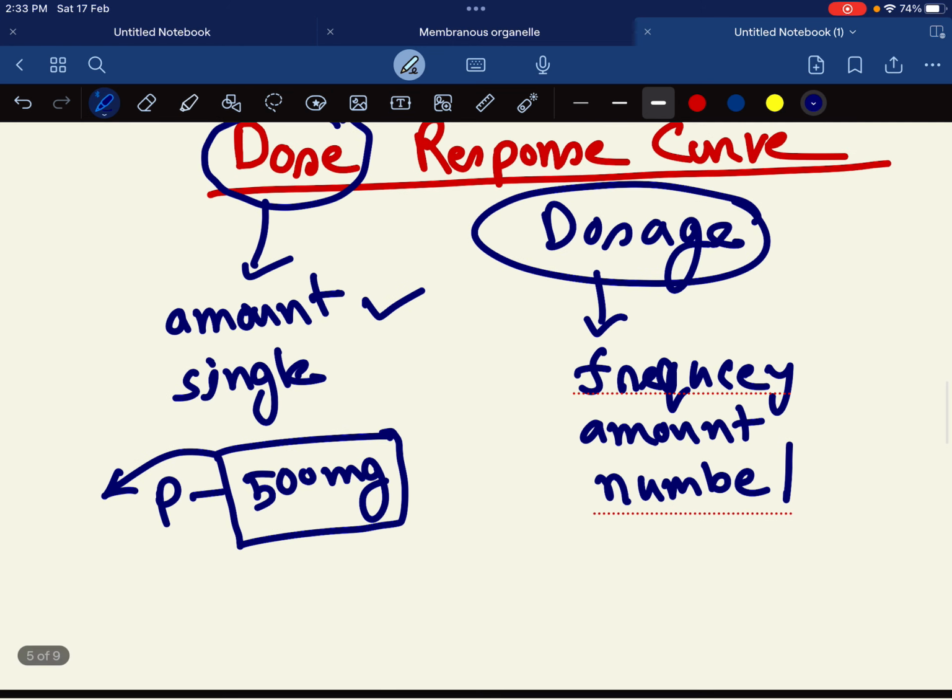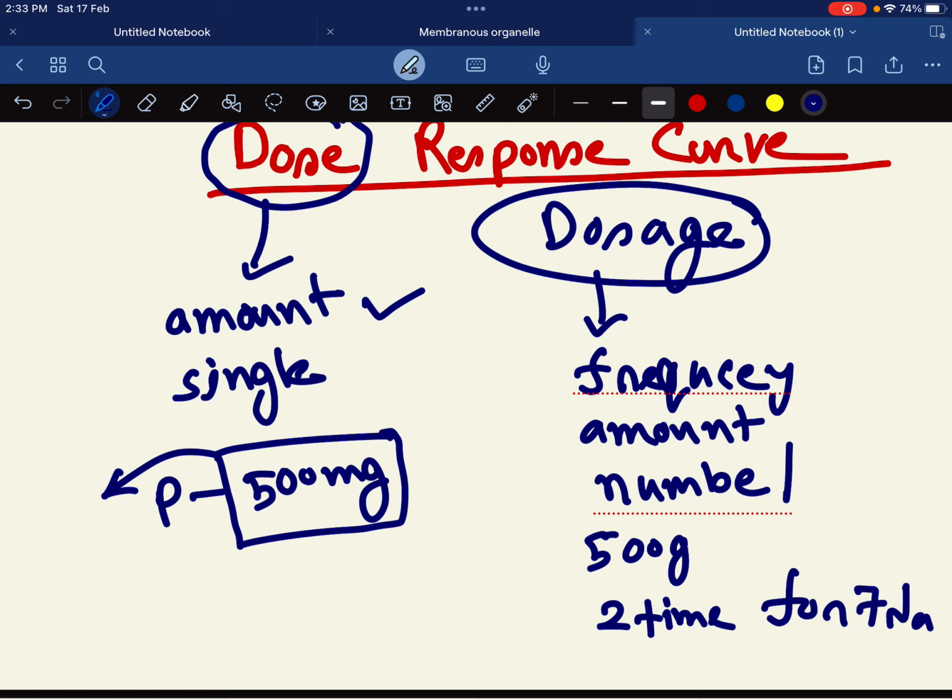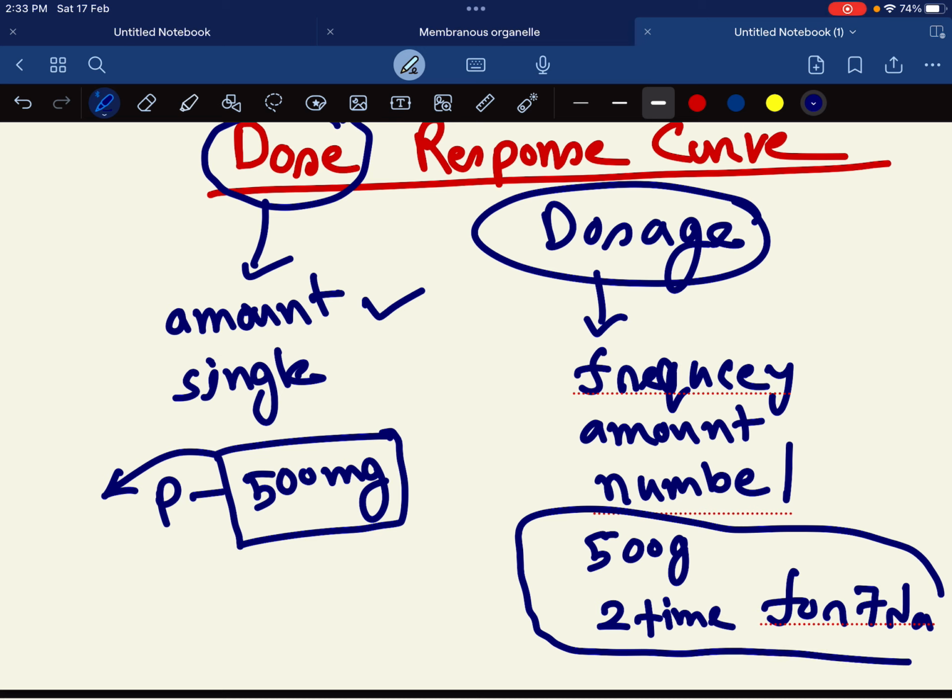So when I say that you should take paracetamol 500 milligram 2 times a day for 7 days, then this entire formulation will be included under the term dosage. So I hope you guys now can clearly differentiate between dose and dosage.